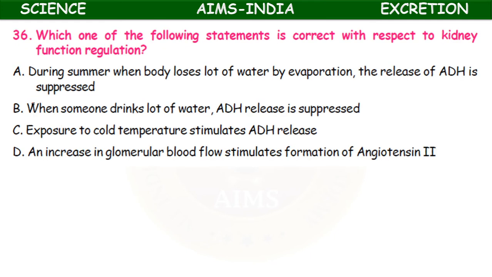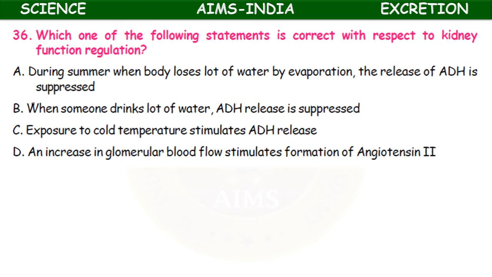Which one of the following statements is correct with respect to kidney function regulation? During summer, when the body loses a lot of water by evaporation, the release of ADH is suppressed.